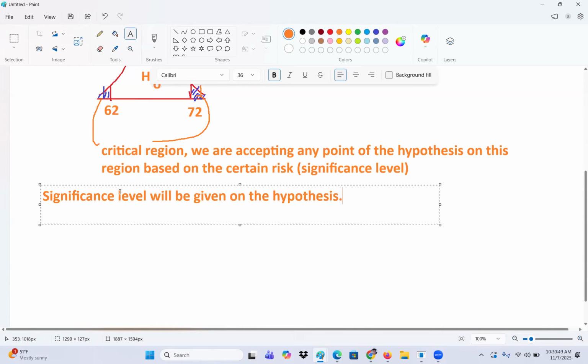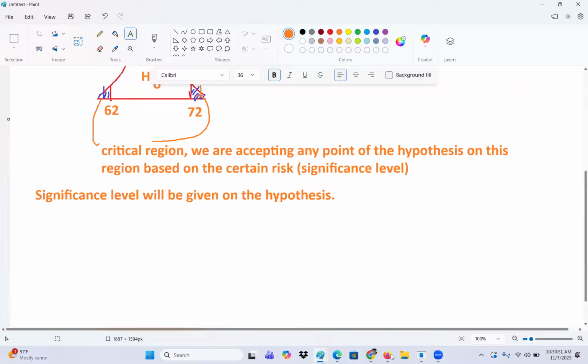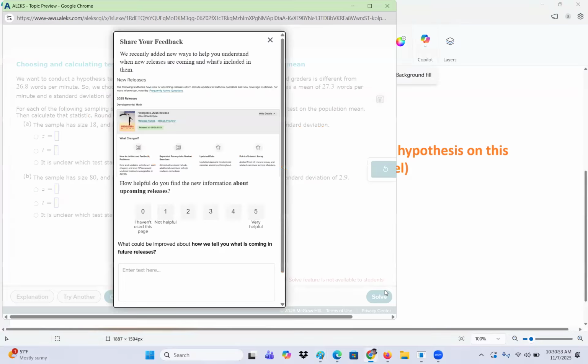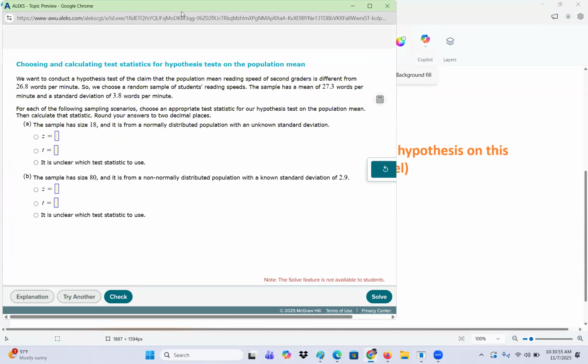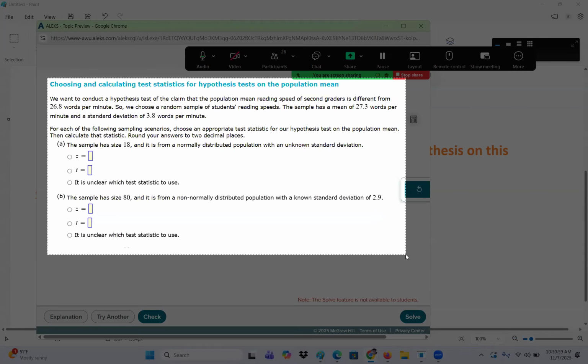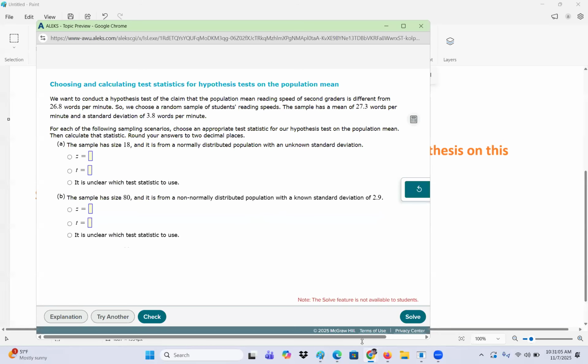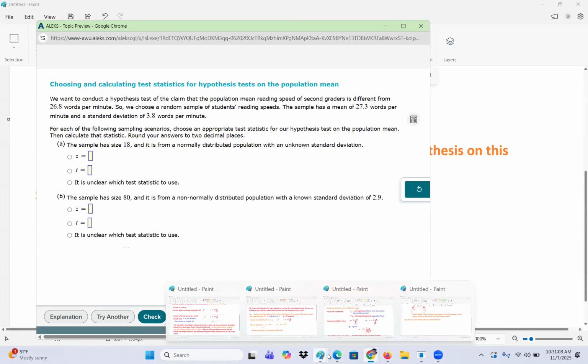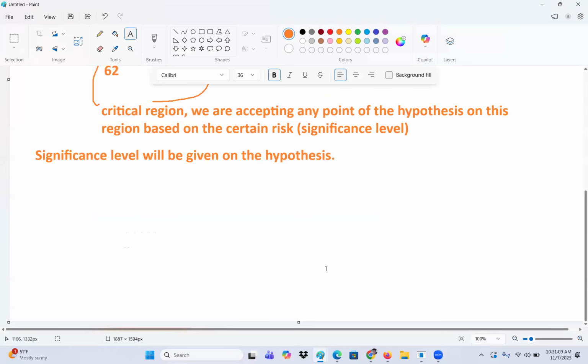Okay, so let me start off with this one. This question is simply asking us to compute the Z test, right? So let me just start with that.